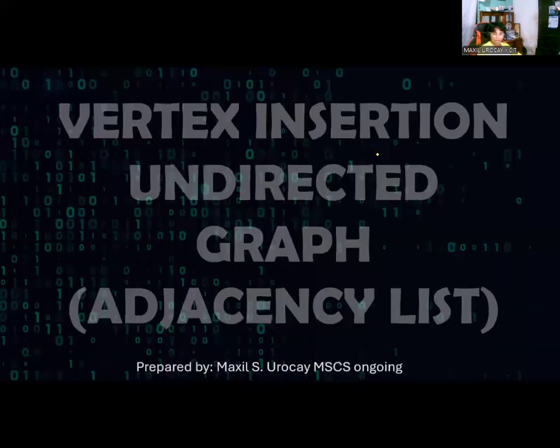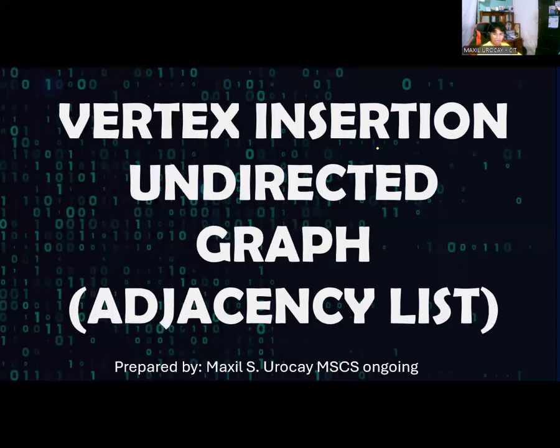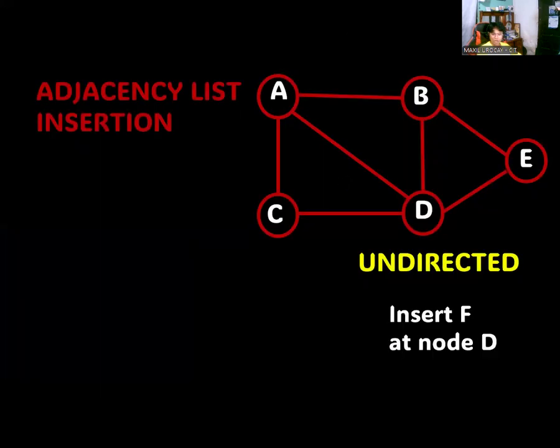So how does it work? Let's proceed with the vertex insertion for an undirected graph using the adjacency list. For the adjacency list, you have to get done A, B, C, D, E, everything.